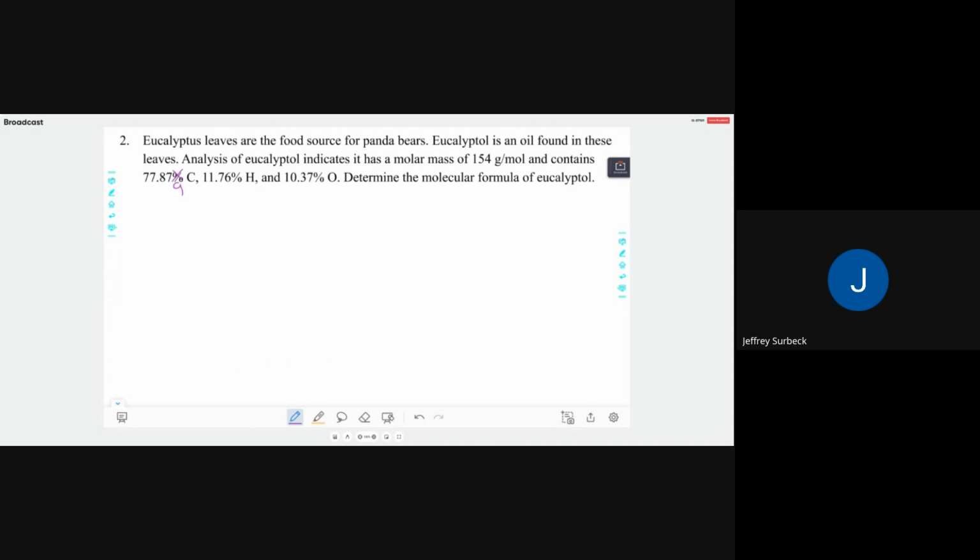Okay, so remember the first thing with these problems is to go ahead and cross out your percent and make everything grams instead of our percents. Now, we're going to list each of these items out now as grams. The first one listed is going to be 77.87 grams of carbon. I'm going to give a little bit more space here.